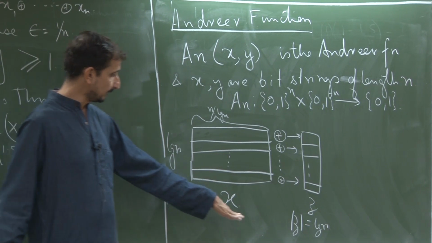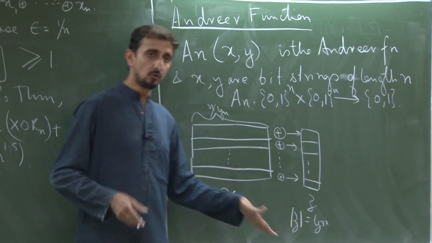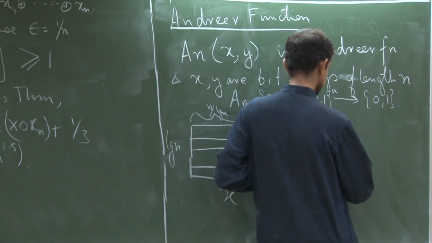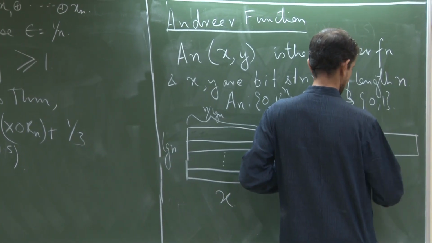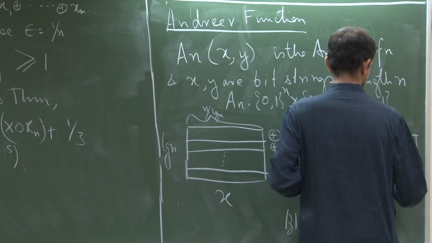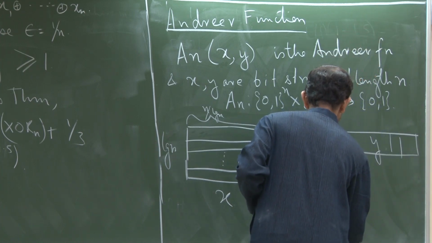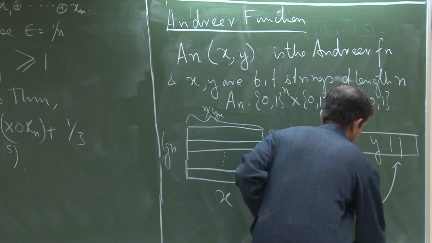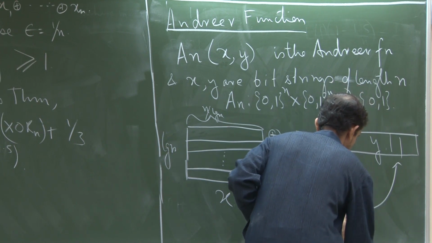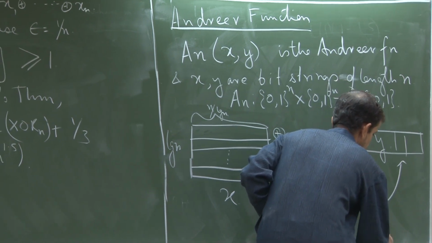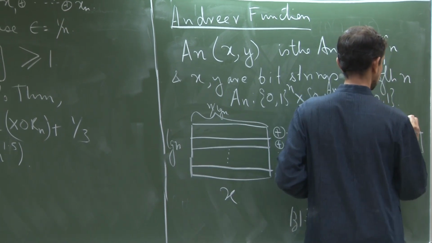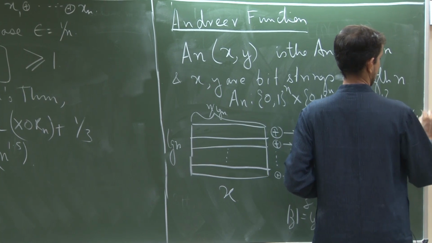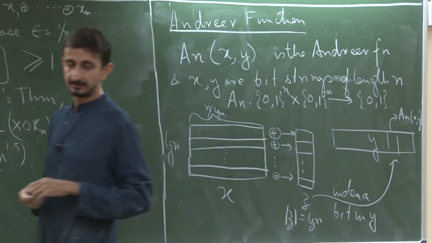Now, I will use z to index the string y. So, I have this string y also, and I will use z to index a bit in y, and this is the output of the function. Clear?